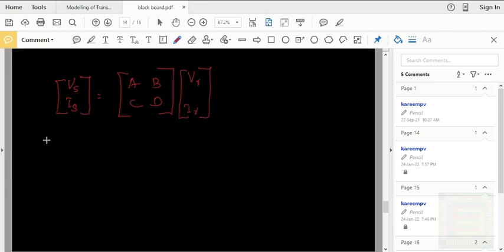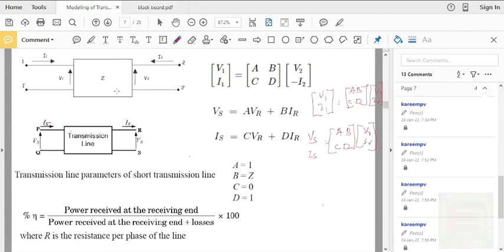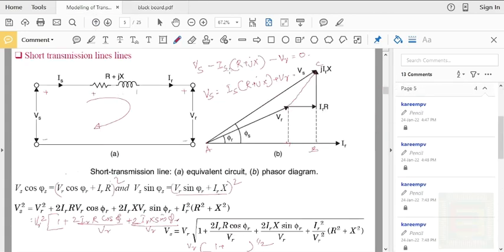And this yields the equations: VS is equal to A VR plus B IR. That is the first formula. Second one is IS equal to C VR plus D IR.